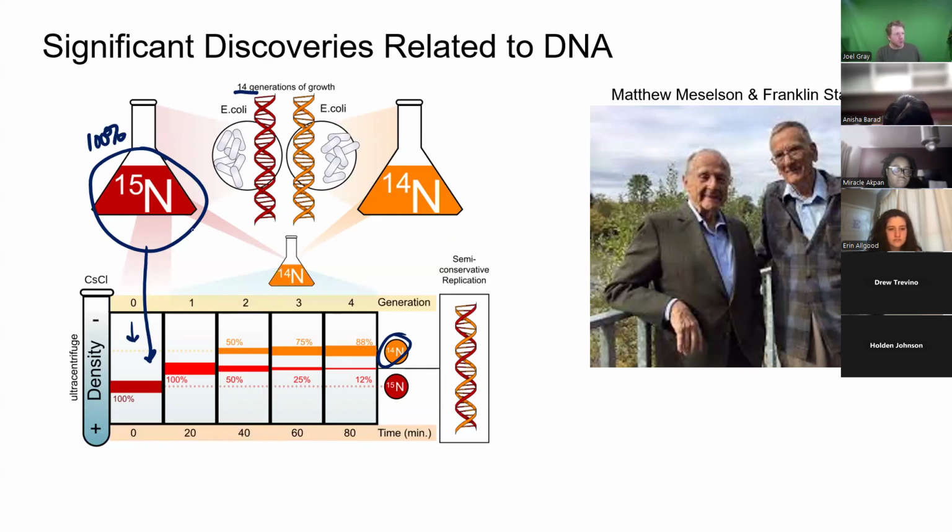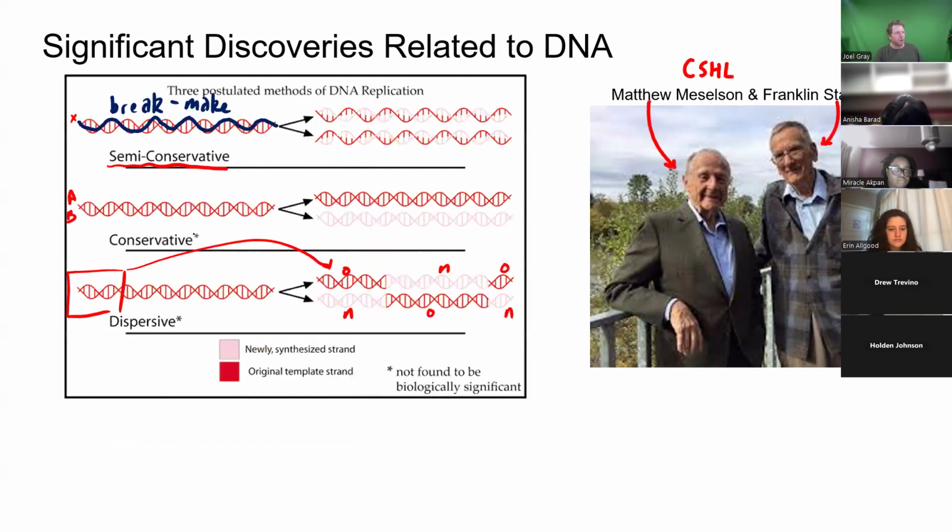Then in generation number two, that's where we're incorporating the new isotope. So you could think about it as this dark red is 15N, and this pink or light red is 14N. What percentage of our strands right here are labeled with the 14N?